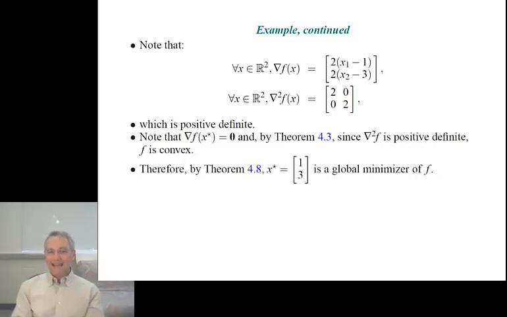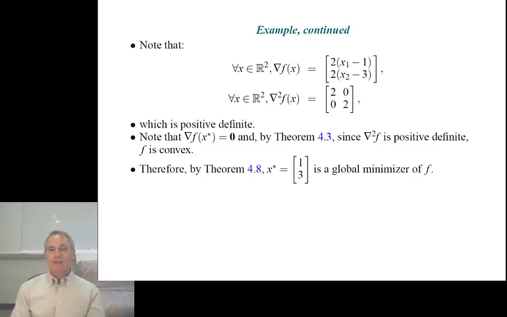Furthermore, if we calculate the Hessian, remember that was something that we could use to characterize convexity. The Hessian is a constant matrix. It is a diagonal matrix with entries 2, 2. You can think of that as 2 times the identity matrix, and that matrix has two properties.